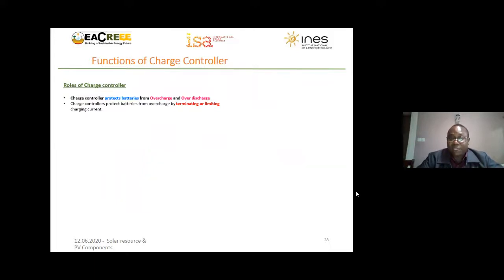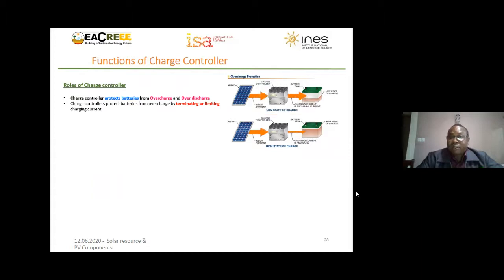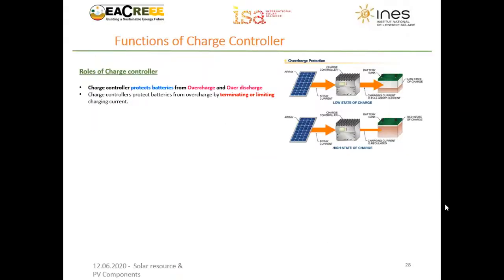And especially for overcharging, the charge controller usually either terminates the charging by disconnecting the PV panel from the battery, or limits the charging current to the battery. By doing so, the battery is protected.